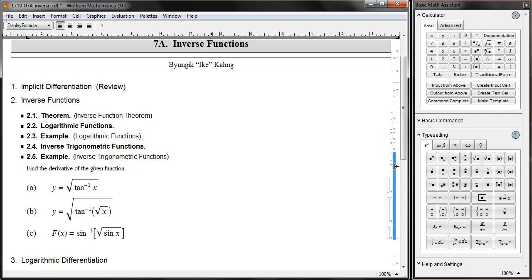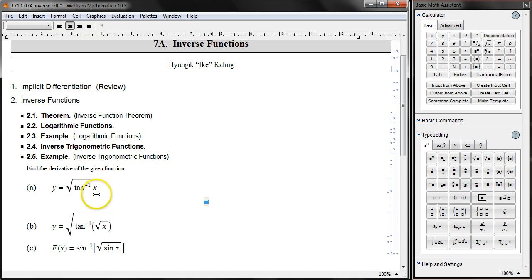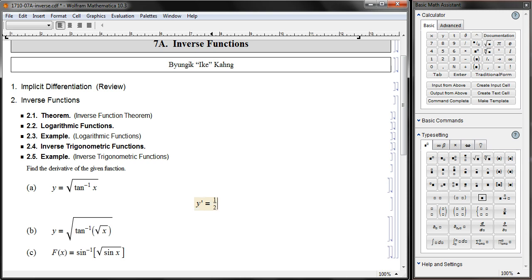How about some applications of inverse trigonometric functions? Well, let's see. This one, the first problem. Okay, let's do that. Shouldn't be too bad. By chain rule, we apply the derivative of the outer function. Inside never changes.